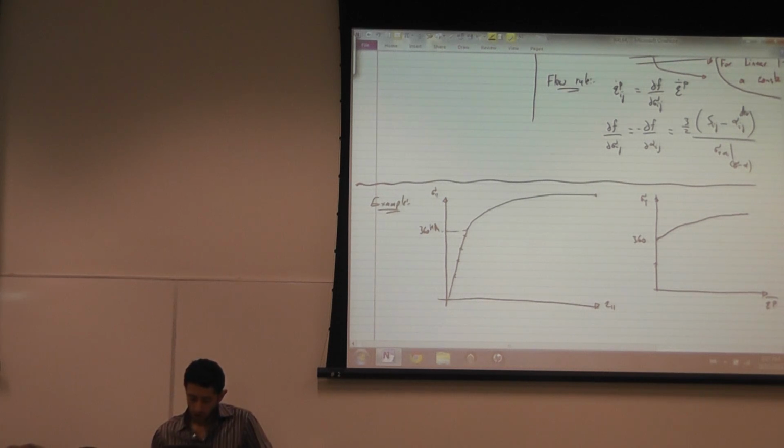And so the yield stress is always 360, and so alpha and epsilon p follow this relationship. You can subtract 360 MPa to find the value of alpha.